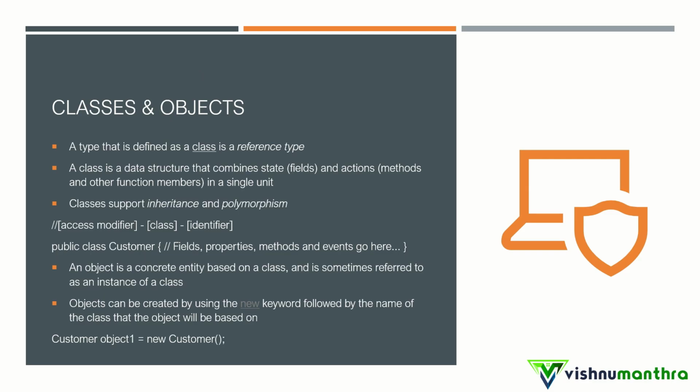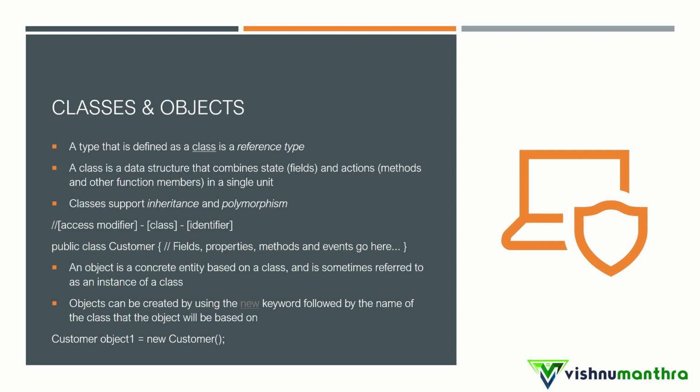Classes and objects. So what is a class? A class is a data structure that combines state, meaning methods and other functional members, inside a single unit. What a class does is create a boundary, and it will have all the methods which we are using in our Selenium script. And how can we extend a class?